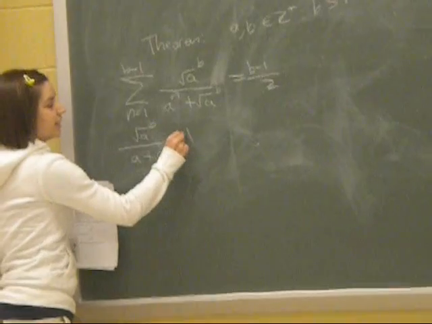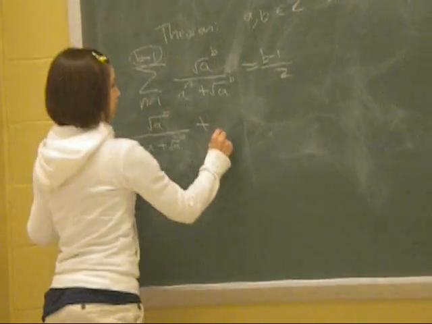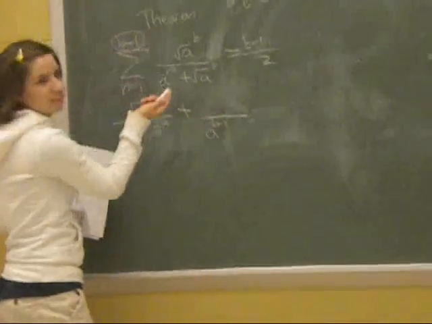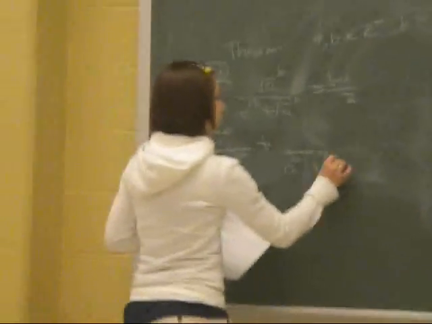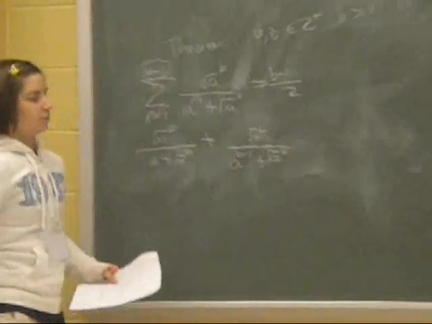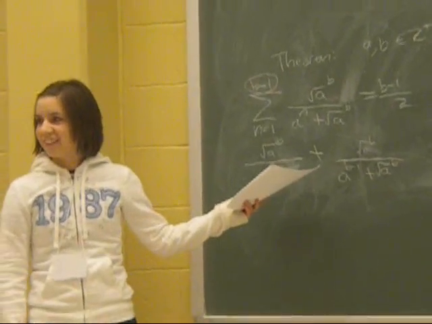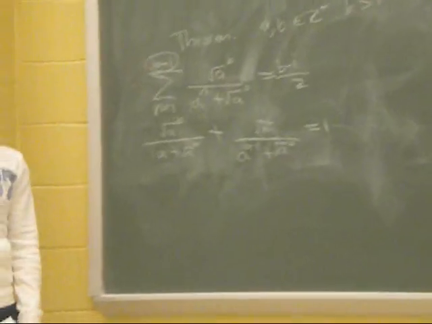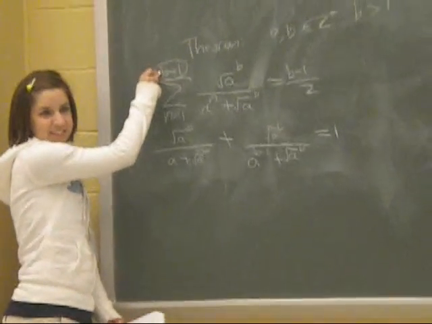Now if we add this when n is equal to b minus 1, plus the square root of a to the b, we know by the lemma that this is going to give us 1. So it all boils down to this number right here.